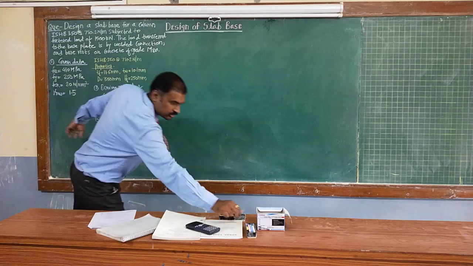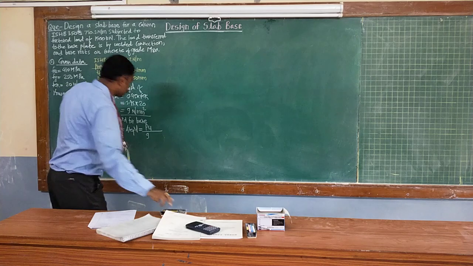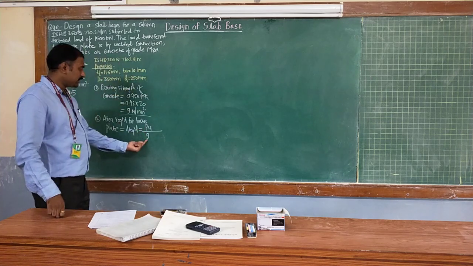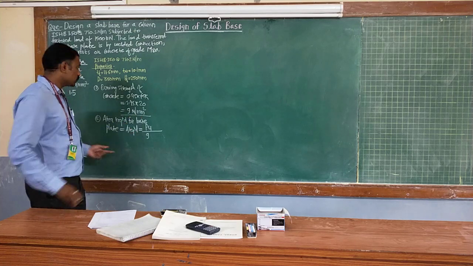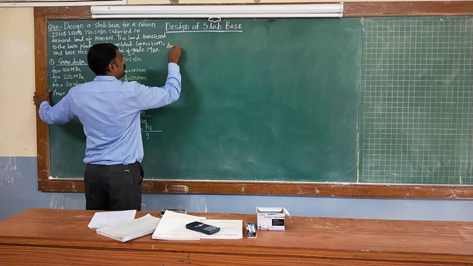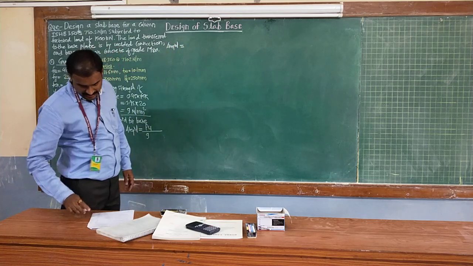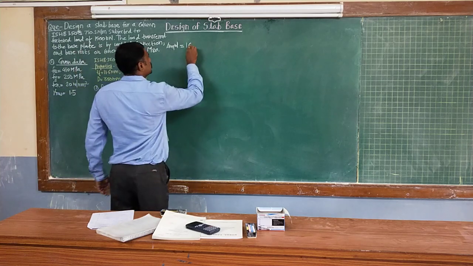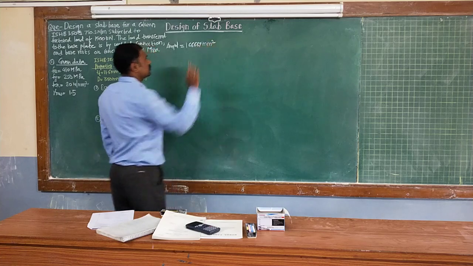So need not write this unit, it is not required. So total load acting on the section divided by your bearing strength we have calculated as 9 Newton per mm square. So area required will be equal to, so I am getting the value of area as 166,667 mm square.